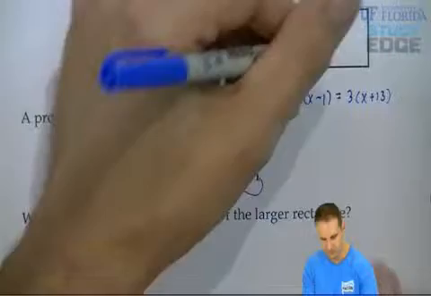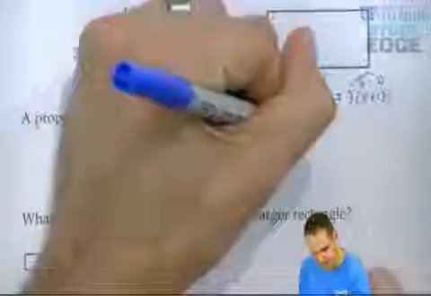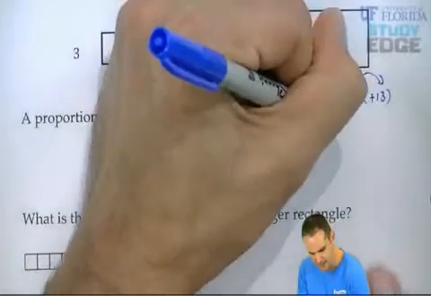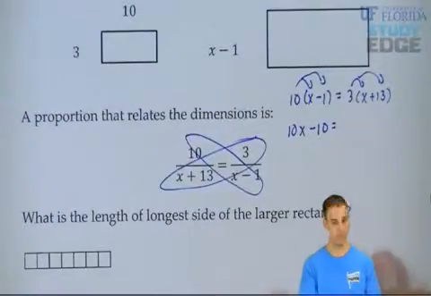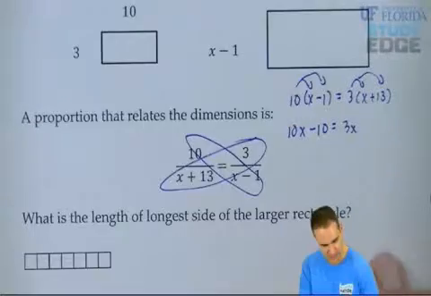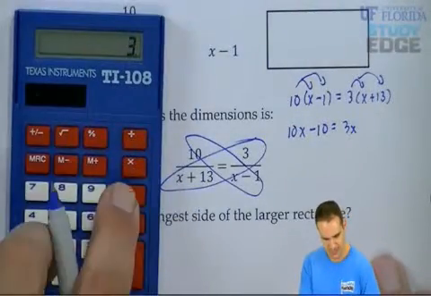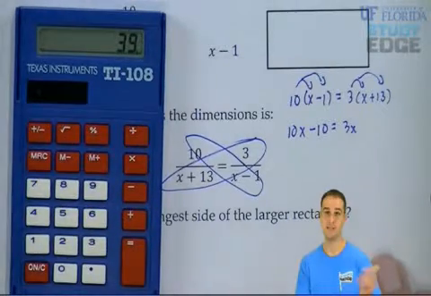Next, distribute. 10 times x is 10x. 10 times negative 1 is negative 10, or in this case, minus 10. 3 times x is 3x. 3 times 13 is 39.